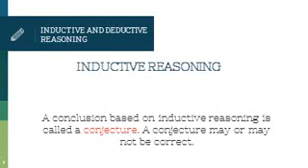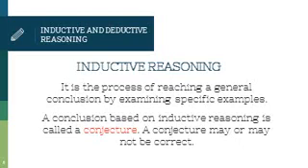Right now, we will discuss inductive reasoning. A conclusion based on inductive reasoning is called a conjecture. When we say conjecture, it may or may not be correct. It is the process of reaching a general conclusion by examining specific examples.